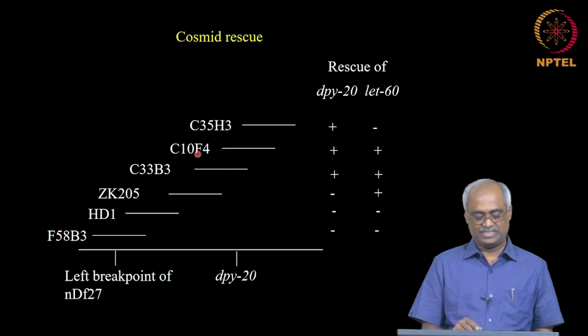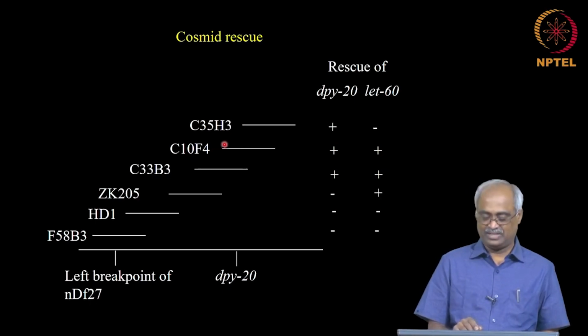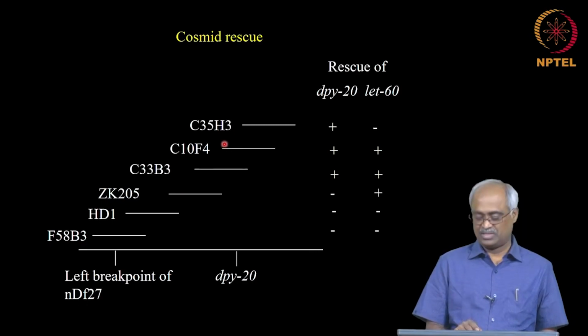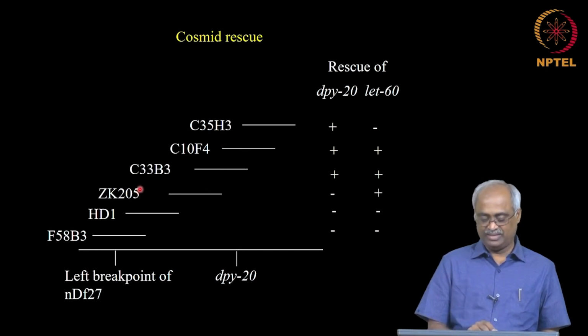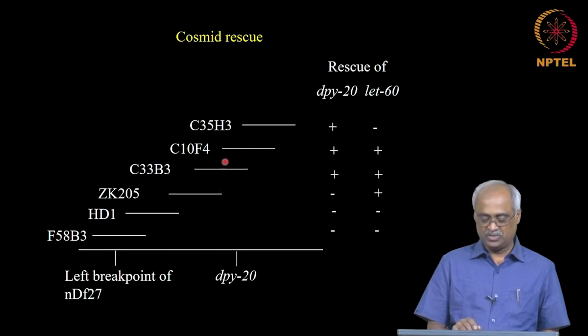Then you go to this one, and you find it rescues both. It is kind of telling you that maybe dumpy is at this end and let60 is further to the left of it, and that gets confirmed when you go to the next one, which covers that full region, and that also rescues. And then when you go further, you lose the dumpy portion, but you have this portion and therefore let60 is there. So then you get to know that let60 is somewhere in this portion.